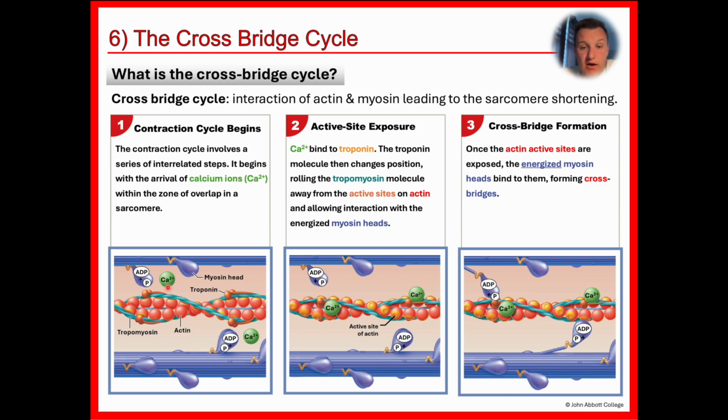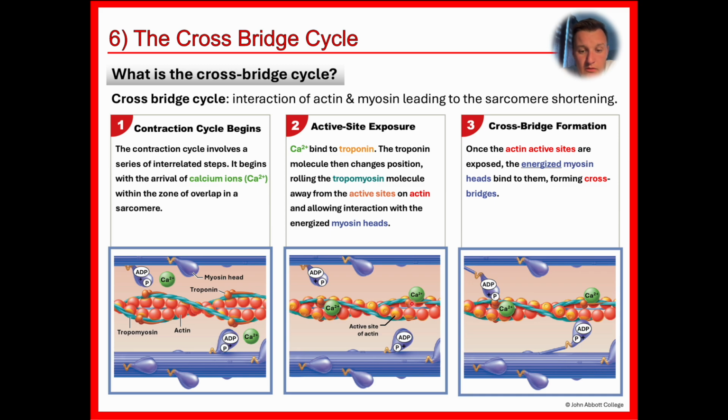So calcium arrives, and calcium binds onto troponin. You have this troponin molecule here, these little orange molecules. The calcium binds to troponin, and the troponin molecule changes position and rolls the tropomyosin out of the way. Do you see how this green tropomyosin blocked all the sites here?